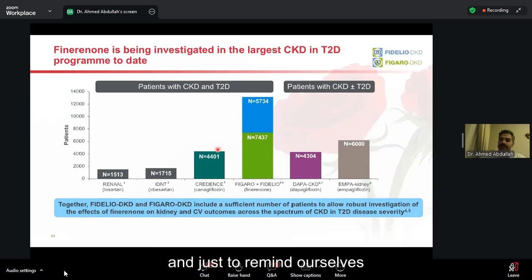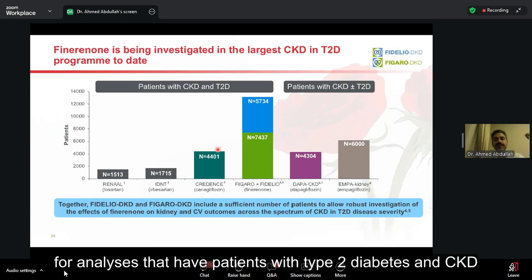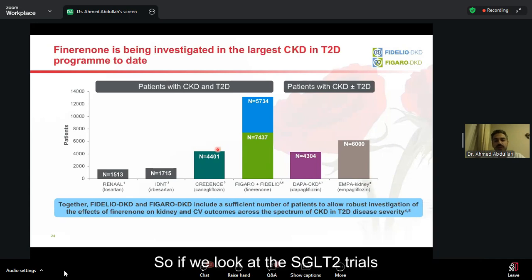And just to remind ourselves, it's one of the largest analyses of patients with type 2 diabetes and CKD. If we look at the SGLT2 trials, the CREDENCE, DAPA, and EMPA, we're talking about 4,000 to 6,000 patients in each trial. If we look at the finerenone trials, Figaro and Fidelio, if we combine them together, we have about 13,000 patients. So lots and lots of data.